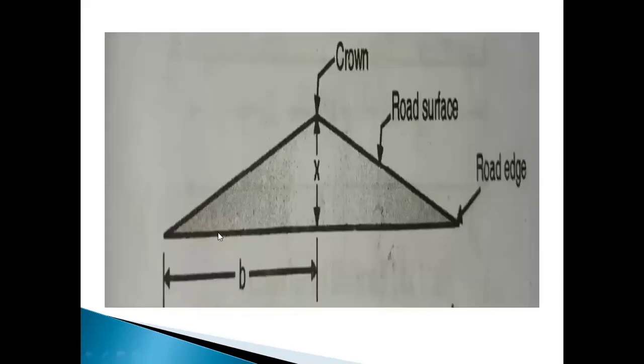Now see, this is a sloped or straight camber. In that, two straight lines are joined at the ground. It is the road surface. It is the road edge.